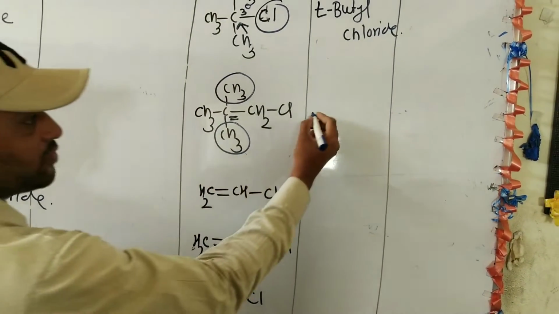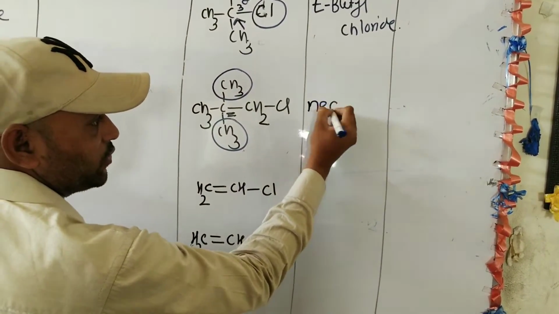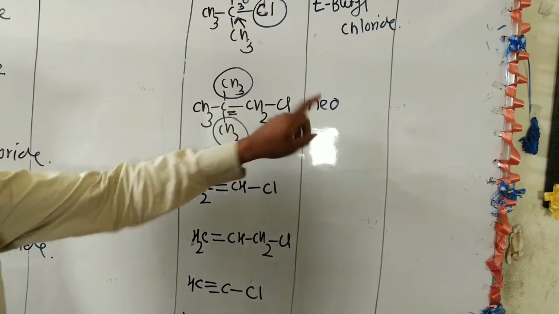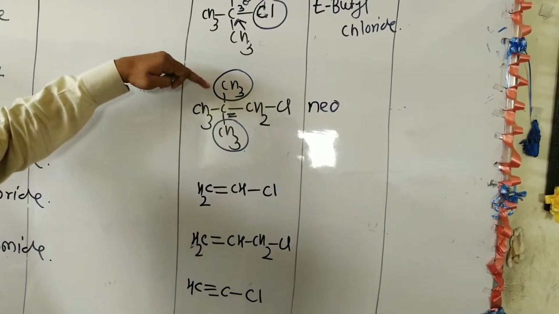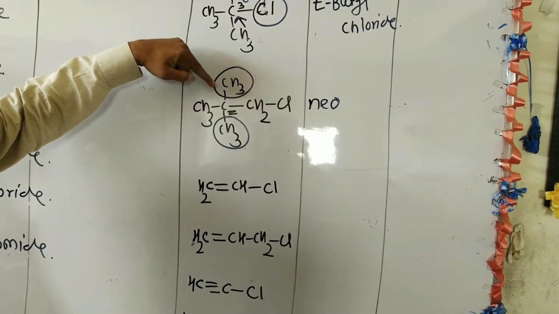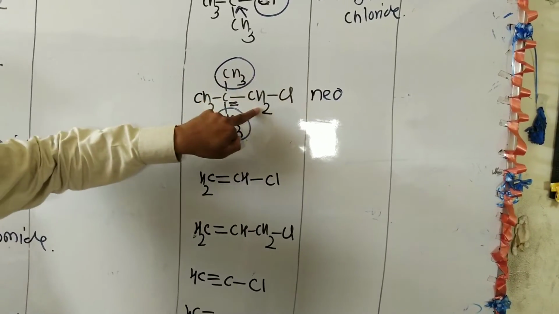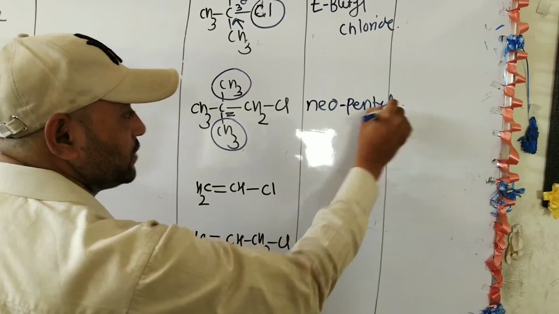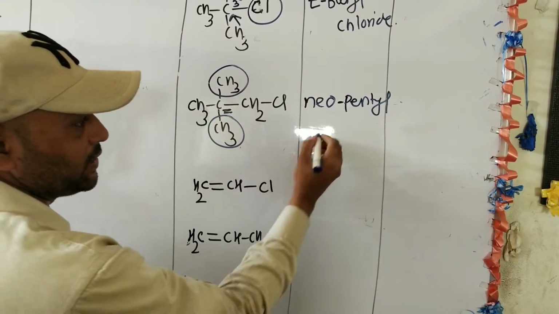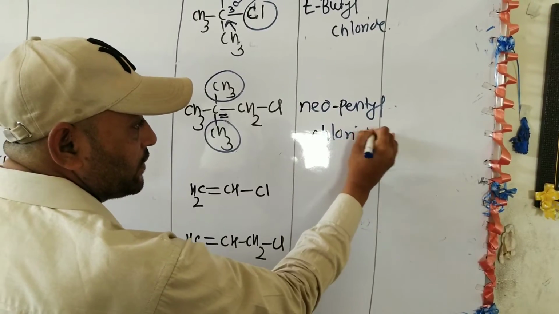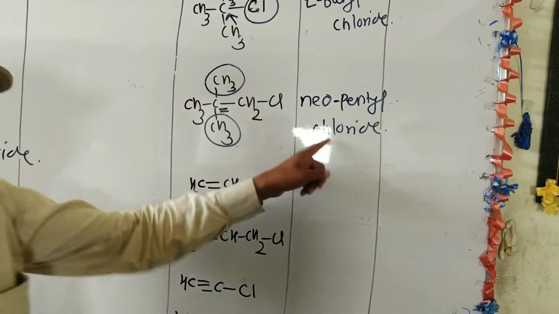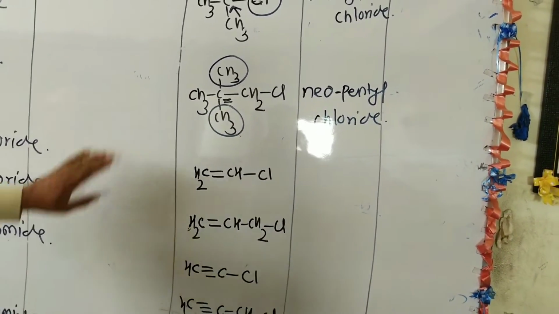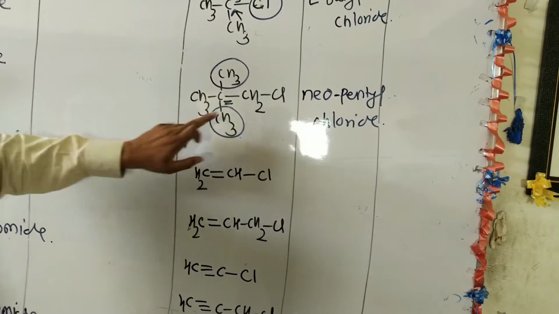At that time, in common name, it is called neo. And 4 carbon, in all 5 carbons are there. 1, 2, 3, 4 and 5. Called pentyl. So it is neopentyl and remaining chloride. Neopentyl chloride. So what is the common name of this compound?